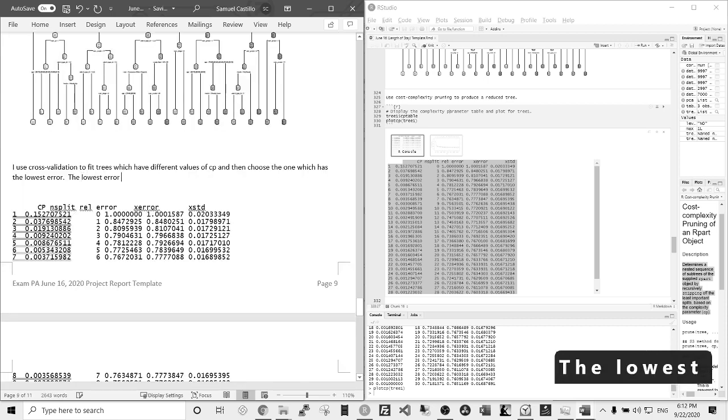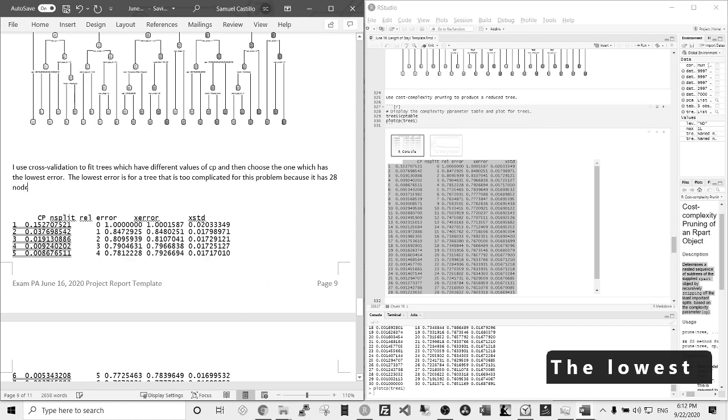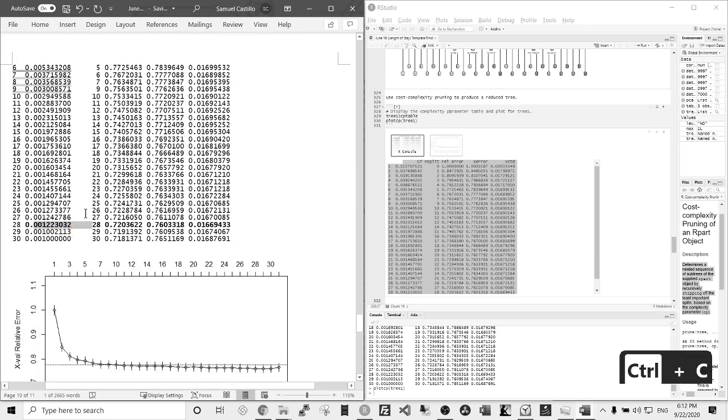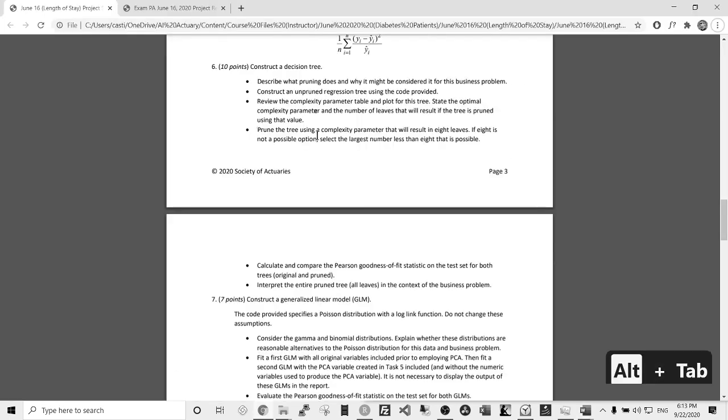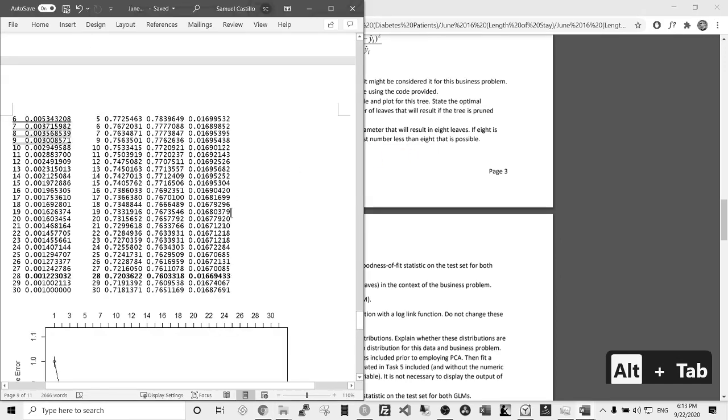So the lowest error is for a tree that is too complicated for this problem because it has 28 nodes for a CP value of 0.00212. And then say prune the tree with the result that will have 8 leaves. So this one will have 8 leaves, so 0.00035.